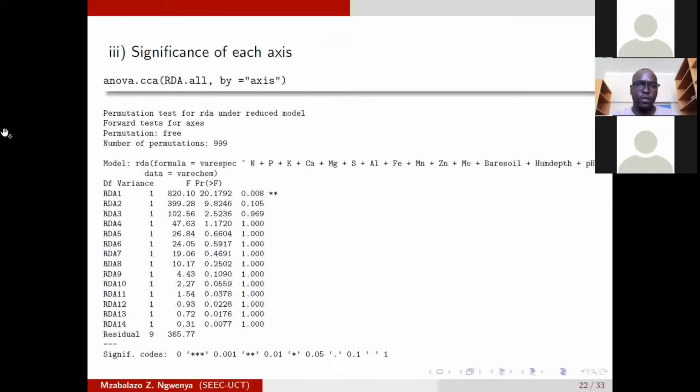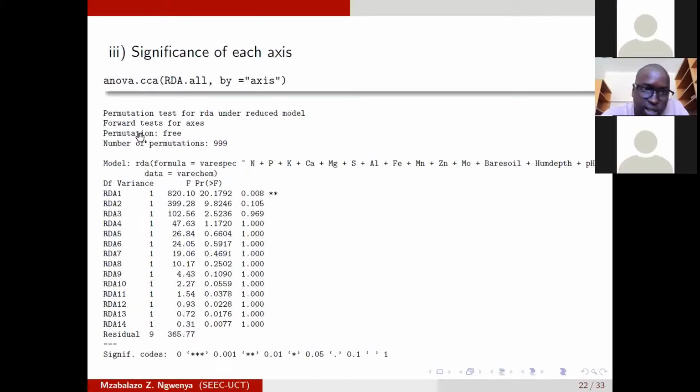But that's not the end of it. Remember, in the end, when we are reporting our results, we'll use a two-dimensional visualization. So we basically want our first two axes to be significant. We are able to test the significance of the axes by specifying that argument in your anova.cca call, saying we want to test the significance of the individual axes.